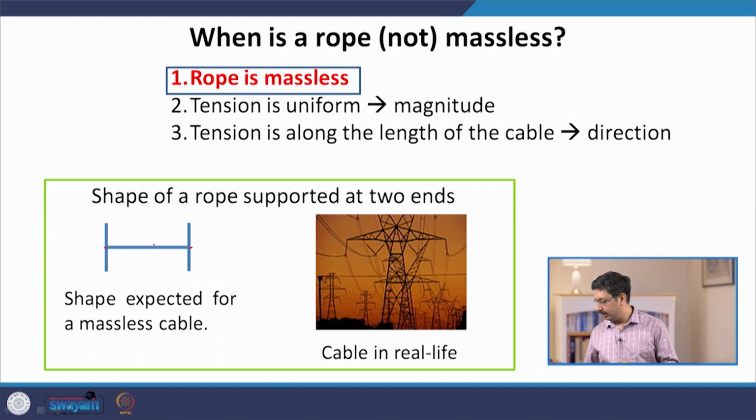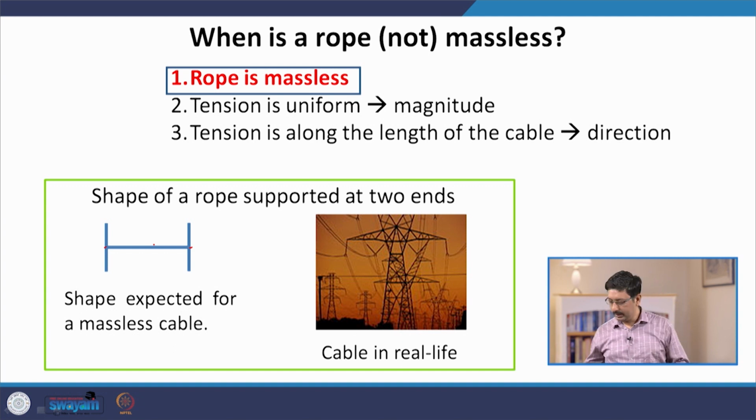Let us take, for example, a simple rope, let us say this cable here. Now, if I hang this cable between two ends, we will see that it will not be perfectly horizontal.